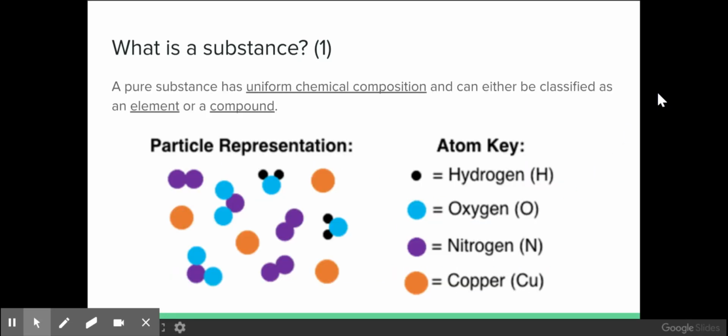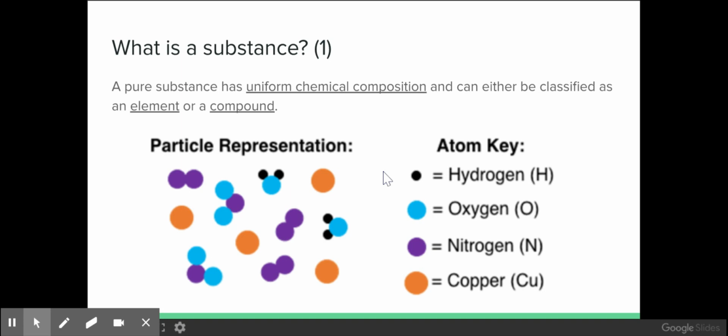What is a substance? A pure substance has a uniform chemical composition and can either be classified as an element or a compound. In this particle representation, these particle diagrams are something that I want you to get used to doing and used to looking at. Little circles in different colors represent different elements.